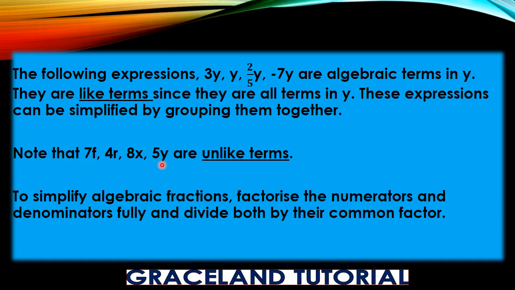They have different letters, so we refer to them as unlike terms. To simplify algebraic fractions, factorize the numerators and denominators fully. After that, divide both by their common factor.